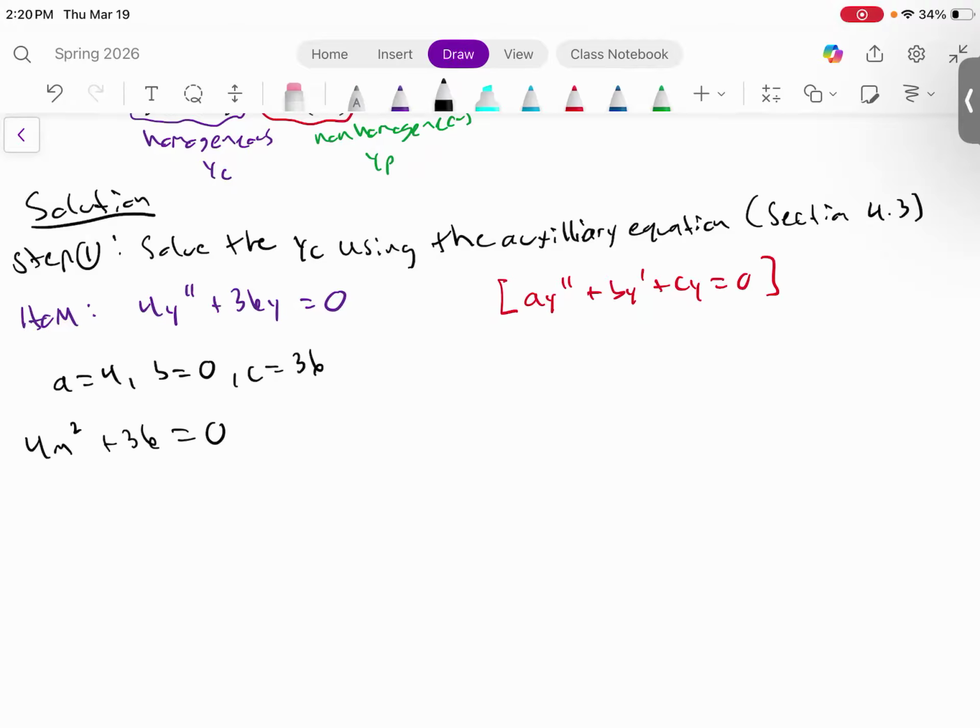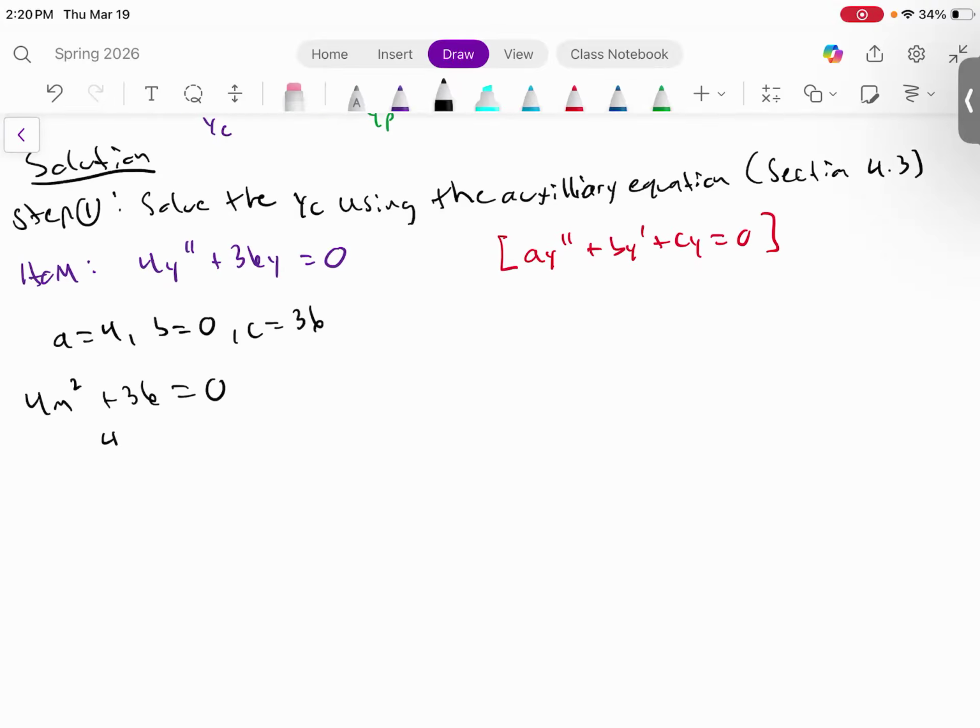Now I want to solve for my roots, I want to solve for m. So 4m squared equals negative 36. m squared equals negative 9. m equals plus or minus the square root of negative 9. And what that comes out to is just plus or minus 3i.